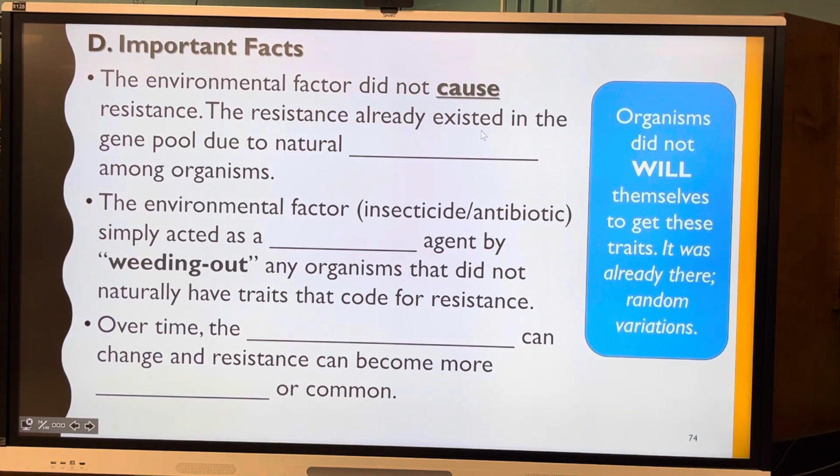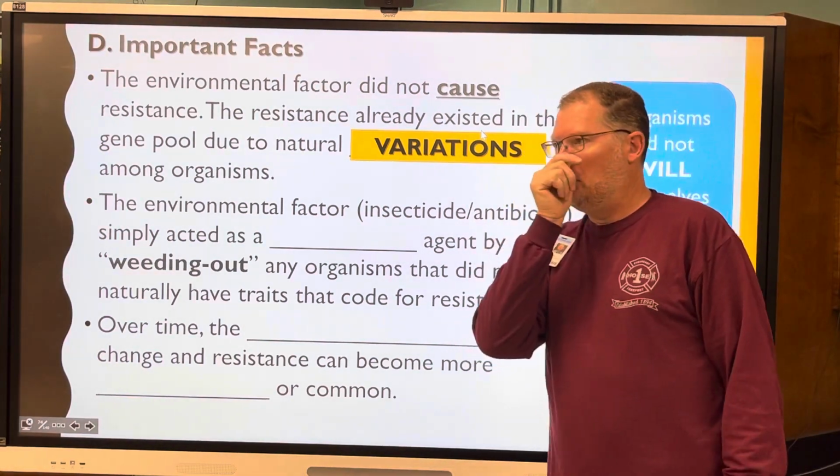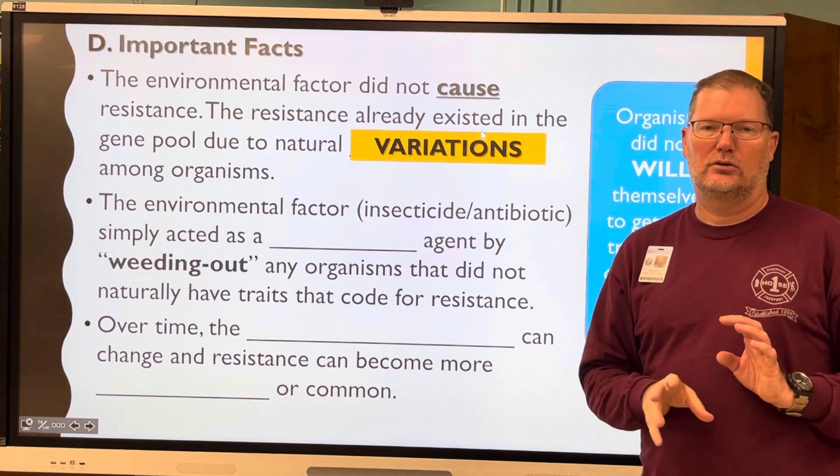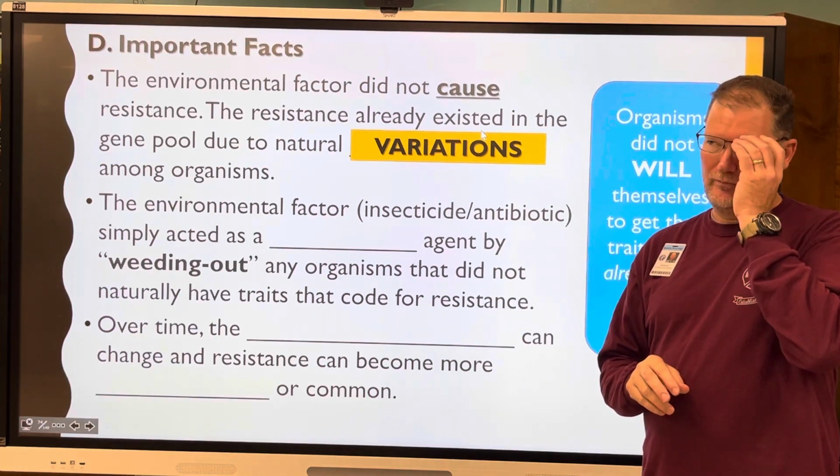Okay, we're almost done. Important facts. The environmental factor did not cause resistance. The resistance existed in the gene pool due to variations. So the soot did not cause the change.